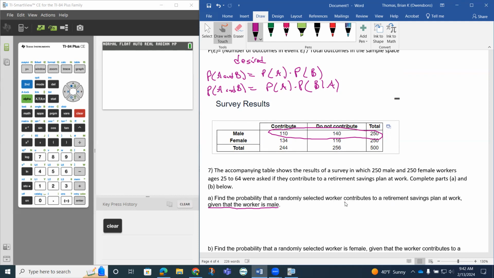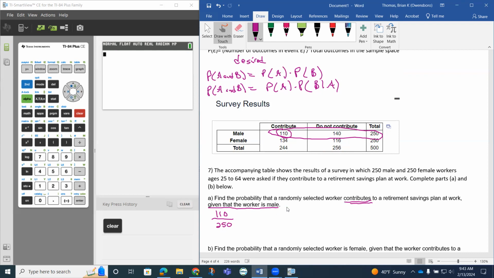So what we've boiled down to is finding the probability of those who contribute, but they have to be male. The event I want is the males who contribute, and there are 250 males in that sample space. So it's going to be the 110 males who contribute, out of only 250 males. That's going to be our math in this problem.